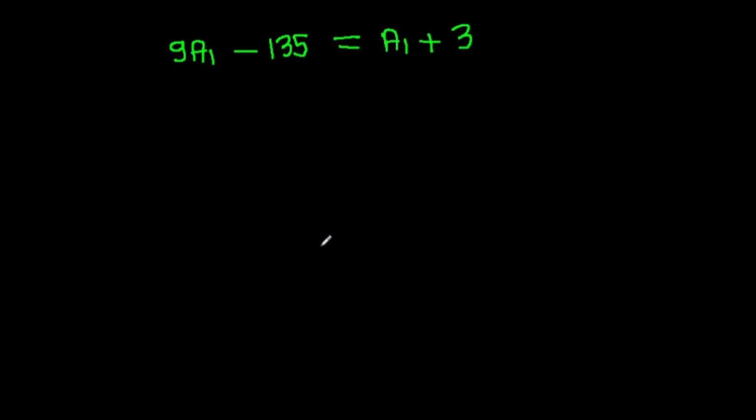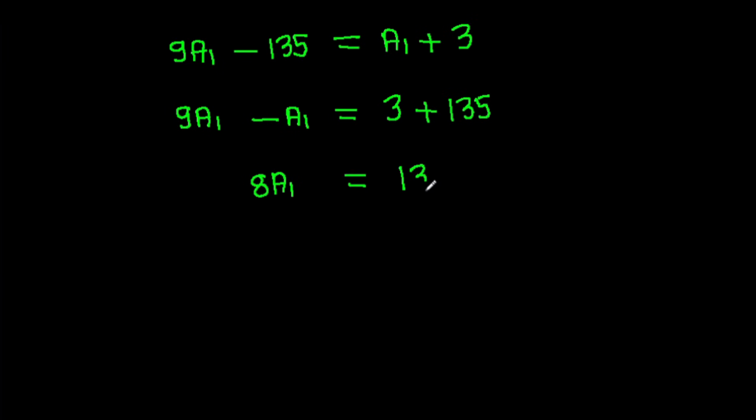And 9A1 minus A1 will be 3 plus 135, and it is 8A1 is equal to 138. So A1 will be 138 over 8, and 2 times 4 is 8, 2 times 69 is 138.